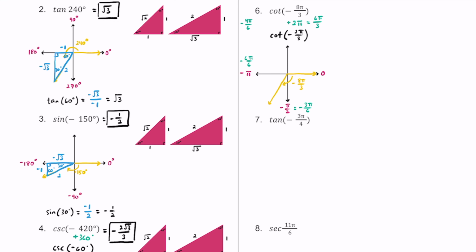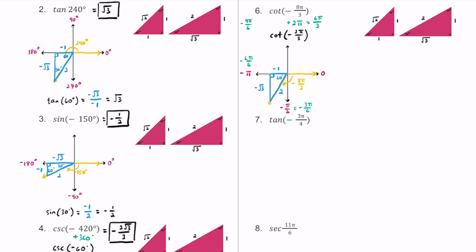Now, I think we have enough information to draw a triangle. This reference angle here is going to be 60 degrees, or pi over 3. So we have a 30, 60, 90 triangle. We're in quadrant 3, so we should have negative x, negative y. So this should be a negative 1, a negative root 3, and then a positive 2 for the hypotenuse.